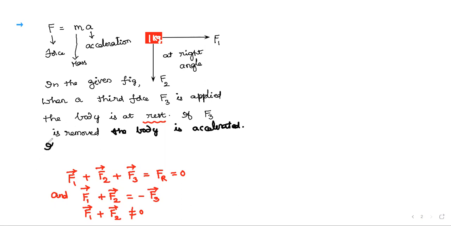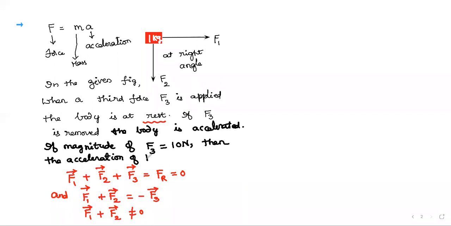If the magnitude of F3 is, suppose, 10 newtons, Newton is the unit of force, then the question is: the acceleration of the body is dash meter per second square.